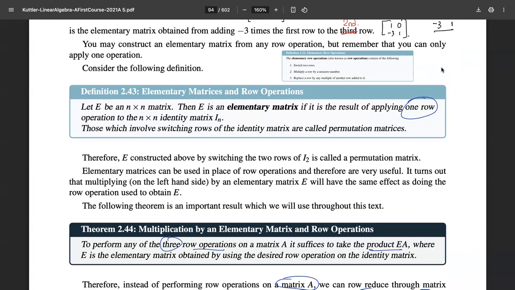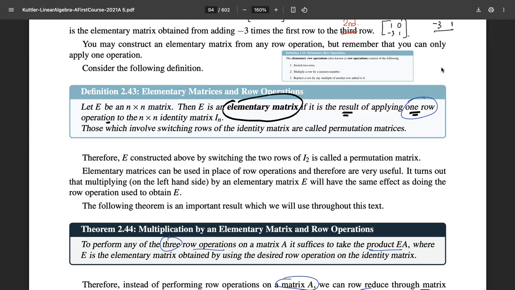Then E is an elementary matrix if it's the result of applying one row operation, and we want to apply just one, not a sequence of row operations, to the identity. So we have exactly one elementary matrix for each row operation that we do.